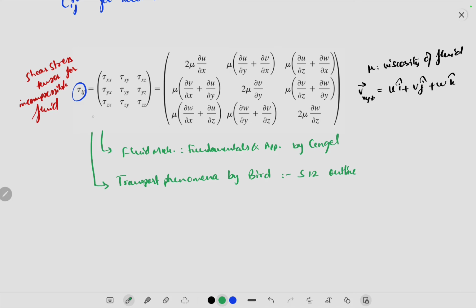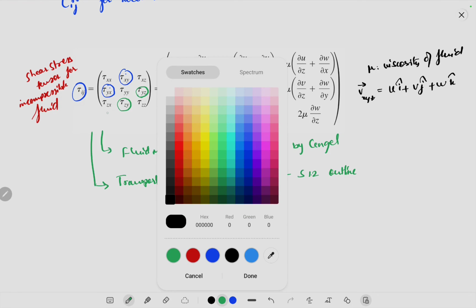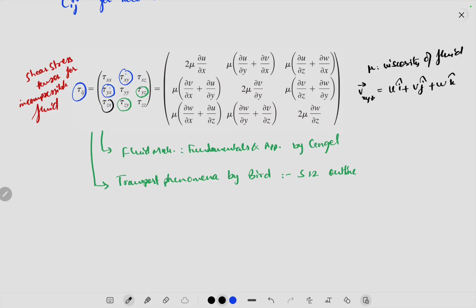Okay, now let's focus on the shear stress tensor. In this we can see that the tau xy term, which is mu times del u by del y plus del v by del x, and the tau yx term, which is also mu times del u by del y plus del v by del x. So this term is equal to this term, and also tau zy is equal to tau yz, and tau zx is equal to tau xz.